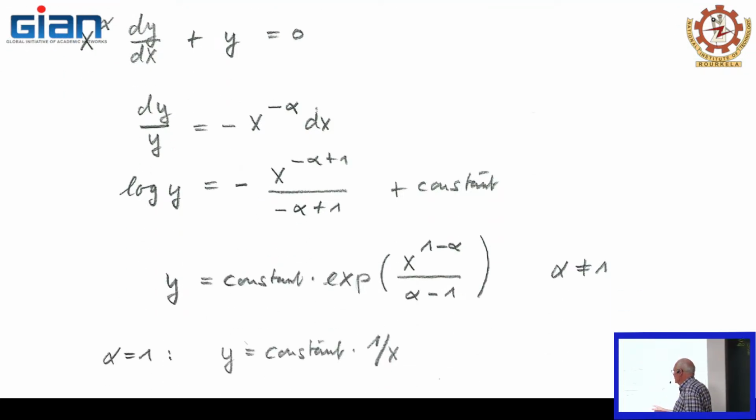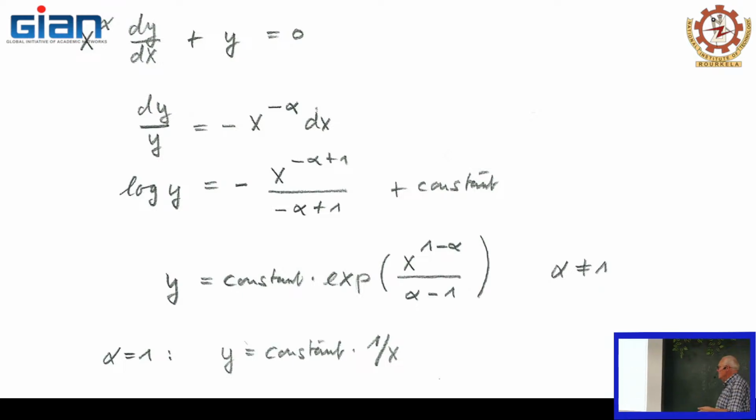Take the exponential, then y is a constant times the exponential of this quantity, which is x to the 1 minus alpha divided by alpha minus 1, with alpha not equal to 1. Alpha should not be 1. In that case, we have another solution given here.